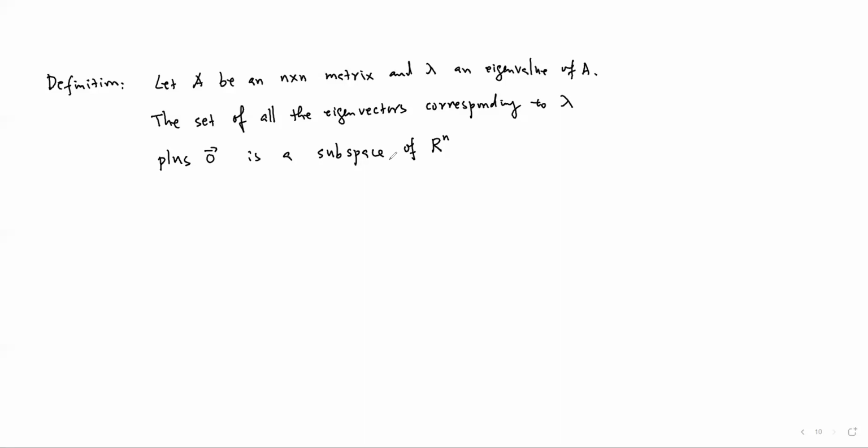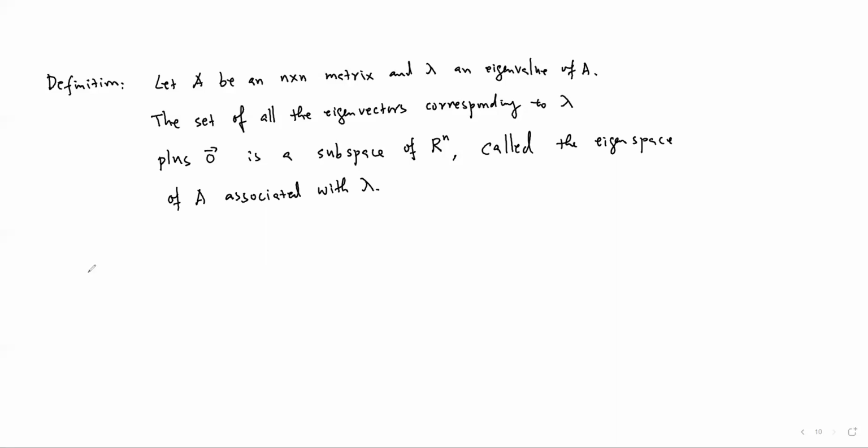A number times an eigenvector is still an eigenvector. This set is a subspace of Rn. We call this subspace the eigenspace of matrix A associated with the eigenvalue lambda.